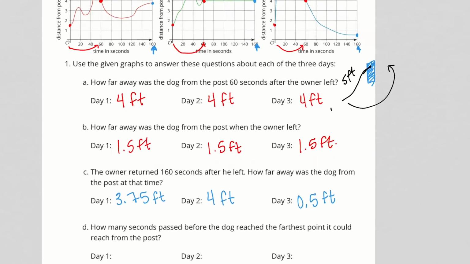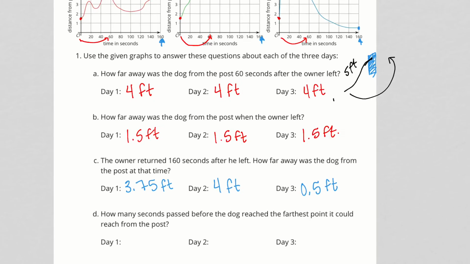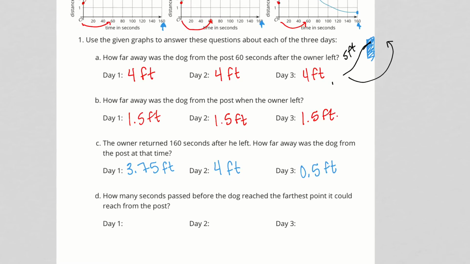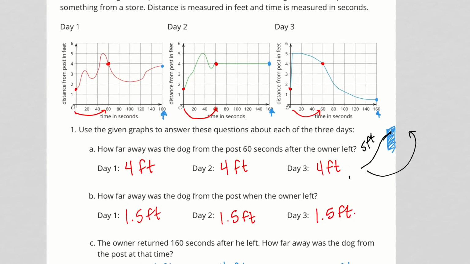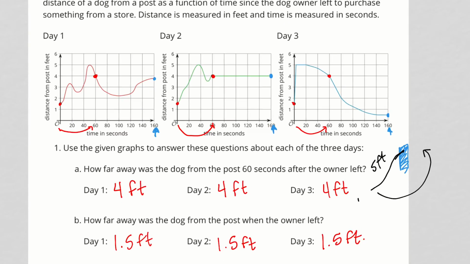All right, the next one. How many seconds passed before the dog reached the farthest point it could reach from the post? So each one of these is different. We're going to look and see the farthest that the dog could reach was 5 feet.